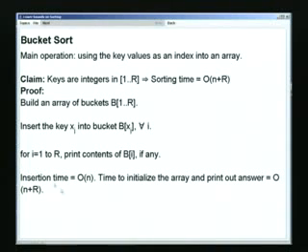What is the time taken? Well, the insertion time is proportional to the number of keys. The time to initialize the array B is going to be r, and printing out the answer, well, we have to visit every element of the array, and we also have to visit every key which has been inserted in some bucket.